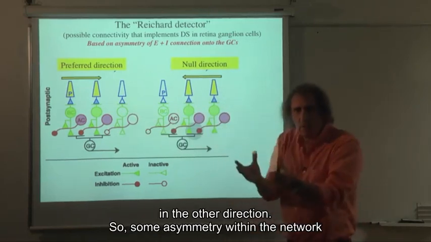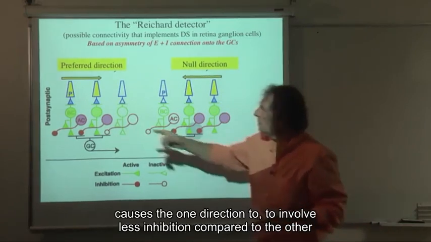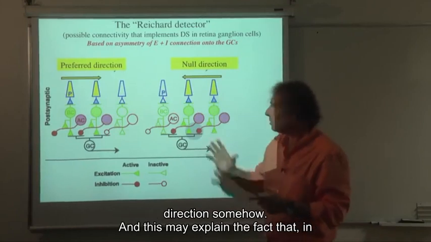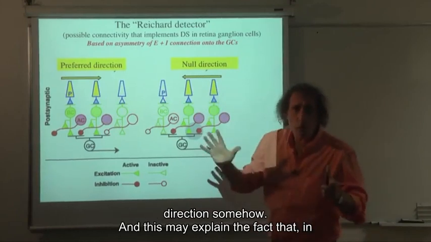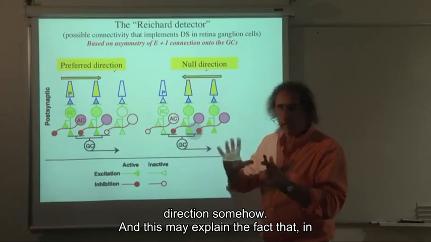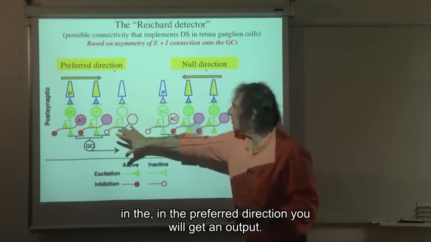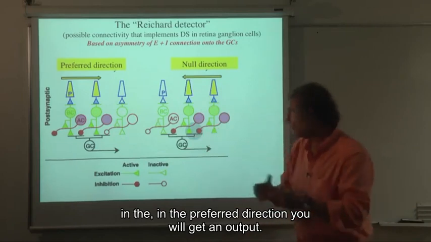So some asymmetry within the network causes one direction to involve less inhibition compared to the other direction. And this may explain the fact that in the null direction you will not get an output. In the preferred direction, you will get an output.